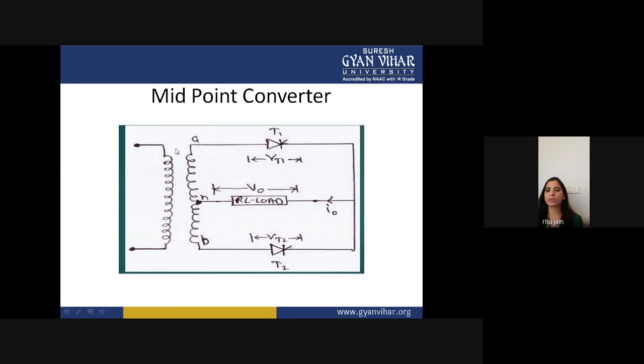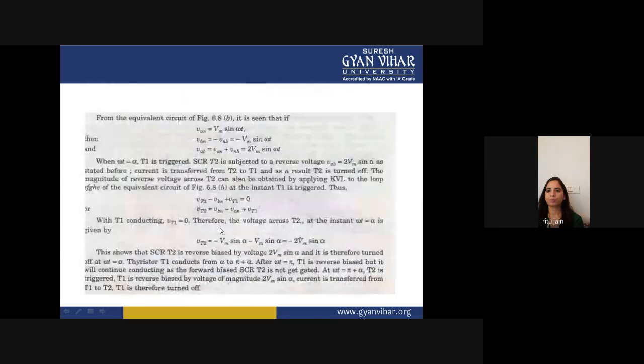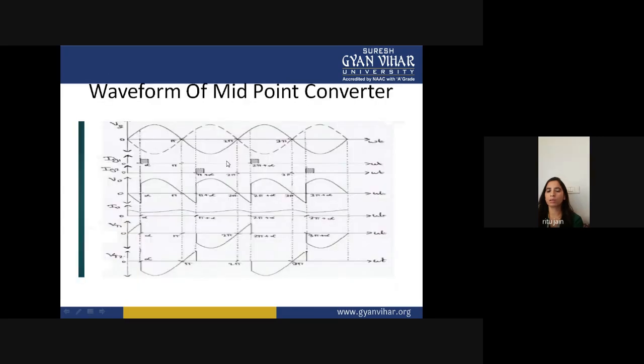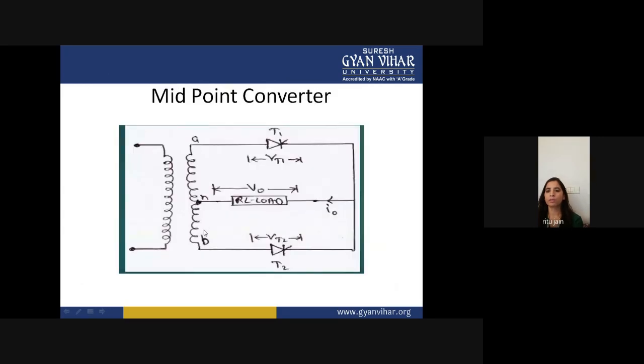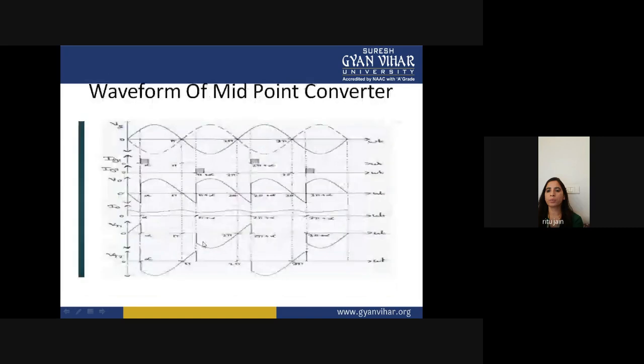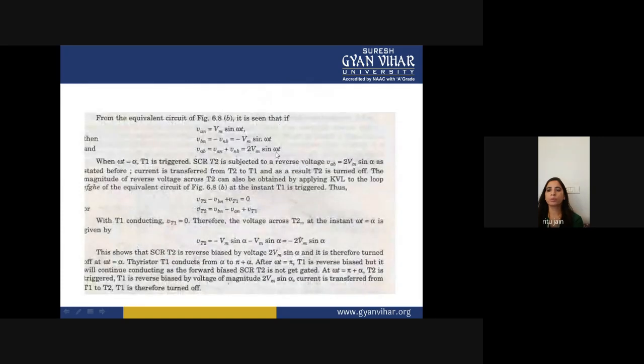When the voltage across this terminal is positive, at the same time the voltage across the other terminal is negative. So the total voltage across these two terminals is the difference, VA minus VB, which becomes 2 Vm sine omega t, double the input voltage.